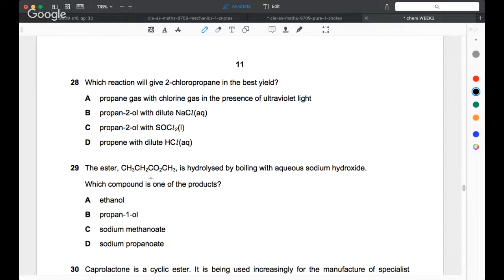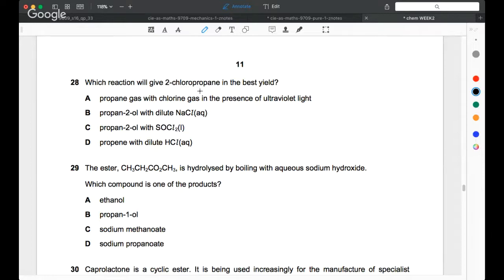So we can start with what happens when you interact with chlorine gas. You form chloropropane, but you also form different products.